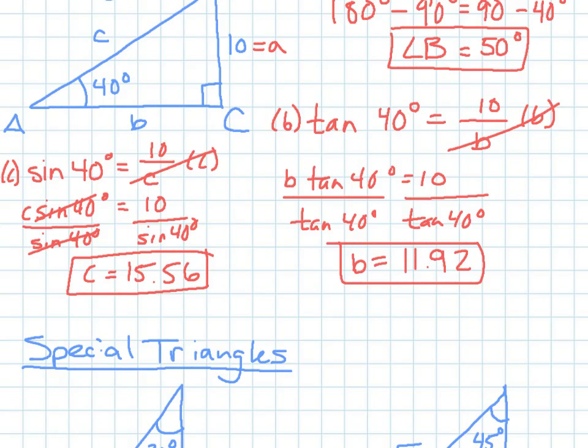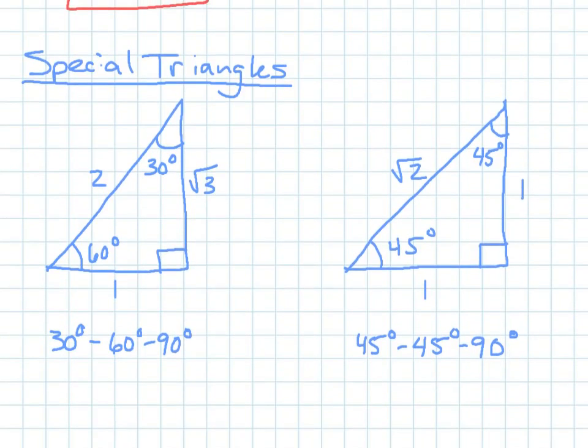Okay? Moving on. Now, sometimes you're given triangles that are special. You talked about this in geometry, I'm sure, where you have a 30, 60, 90 degree triangle and a 45, 45, 90 degree triangle.